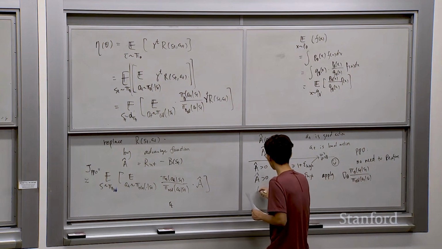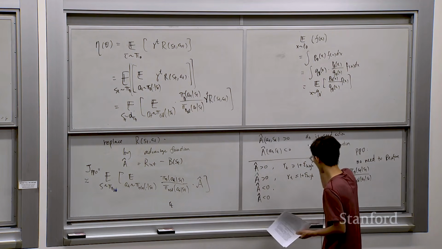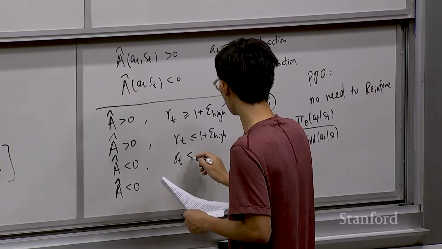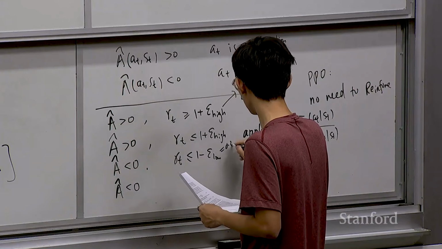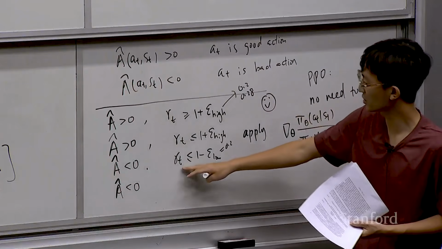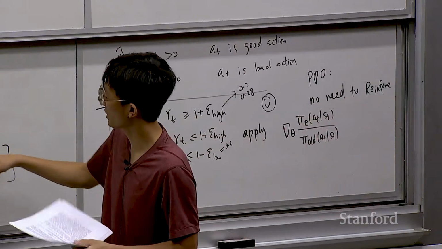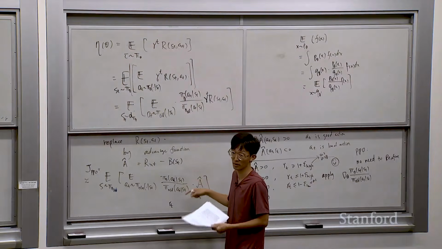And then there's a negative case, which is a little bit different. In the negative case, there are still two cases. One case is that your RT is less than 1 minus epsilon low, and epsilon low is also something like 0.2 in many cases. If your RT is already small and this is a bad action, you are generating this action with less chance than the old policy.